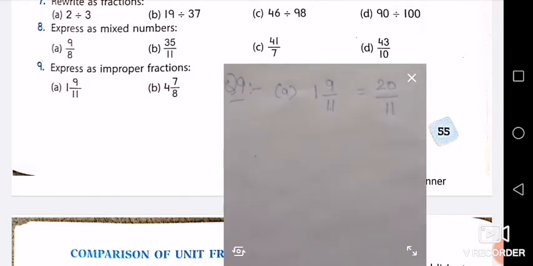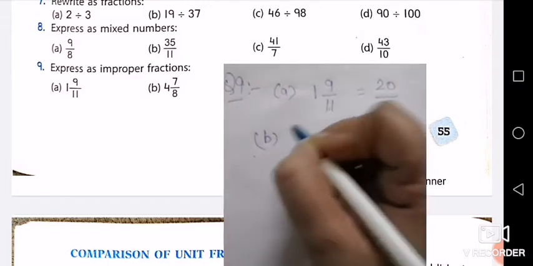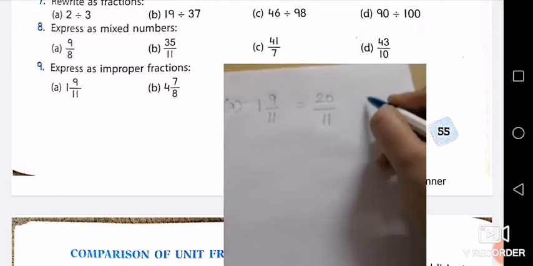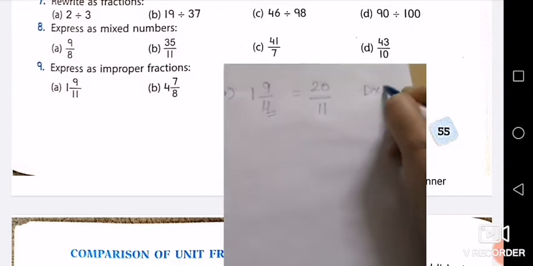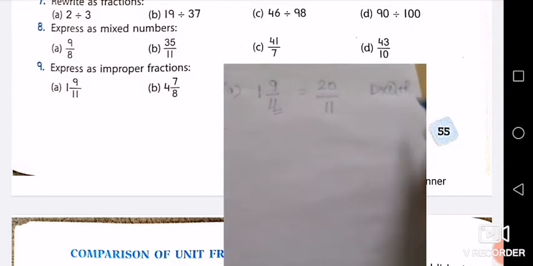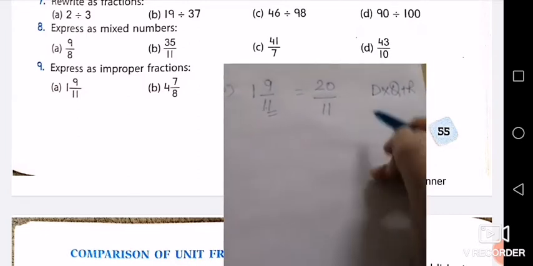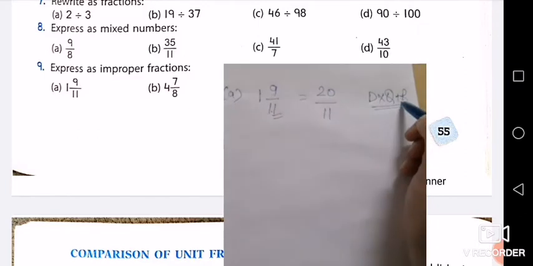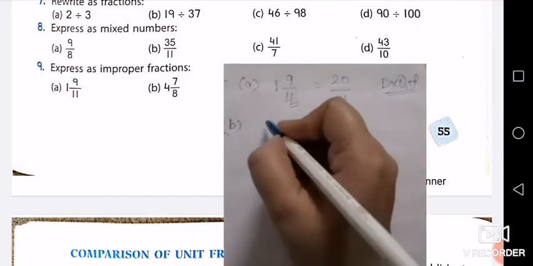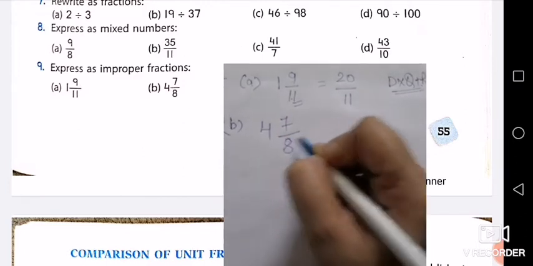Got it? So similarly B part, what you are supposed to do, this divisor, this denominator will be multiplied by the quotient plus remainder. Remember this rule and then you can do the next also.